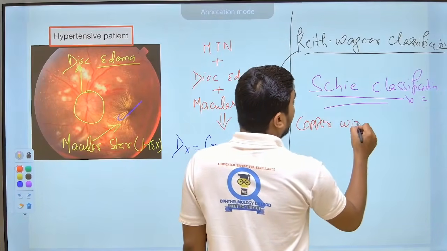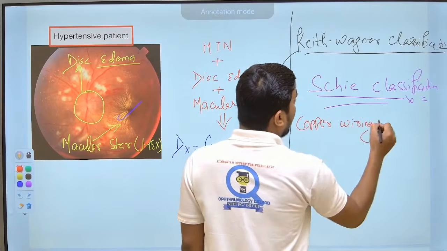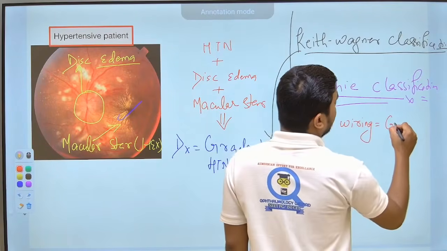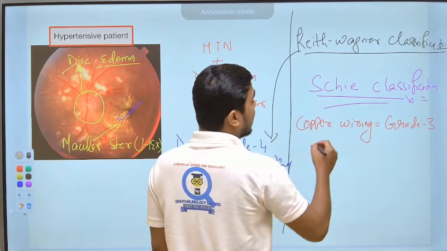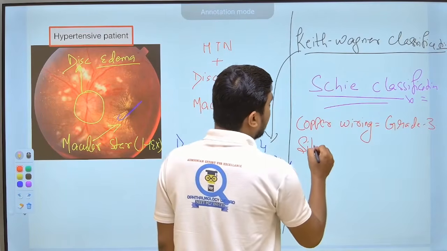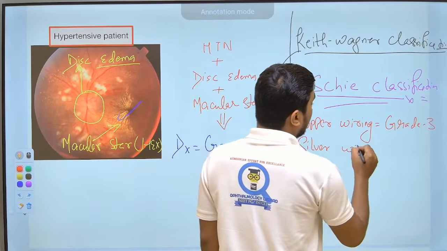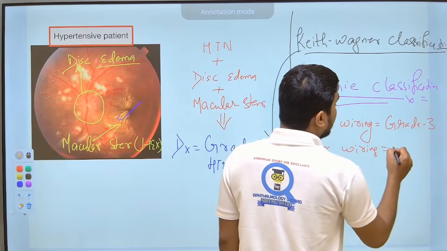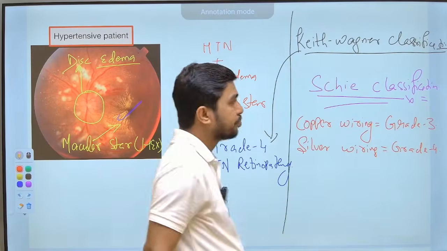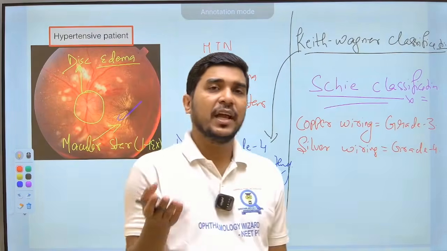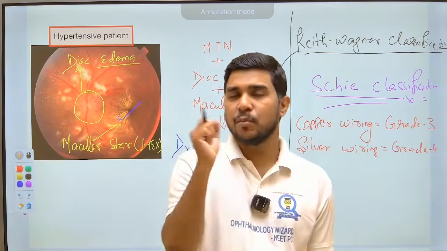Copper wiring is seen in grade 3. Understood? According to this classification, silver wiring is seen in grade 4.